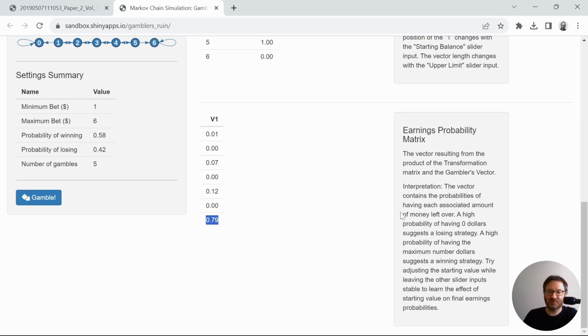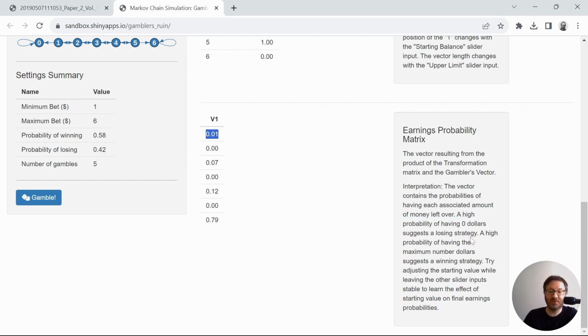And so if we look, there's a little interpretation, and this was given in that thesis. This vector contains the probabilities of having each associated amount of money left over. So in this case, that last value represents the highest amount of money that you can win. And so a high probability of having $0 is a losing strategy. But in this case, that's only at 1%.